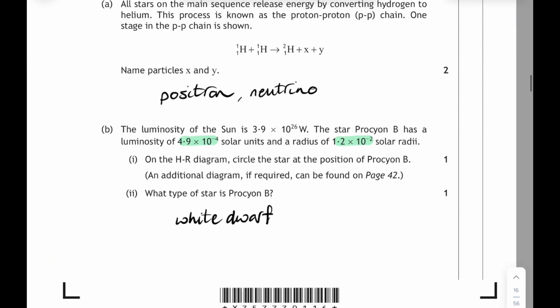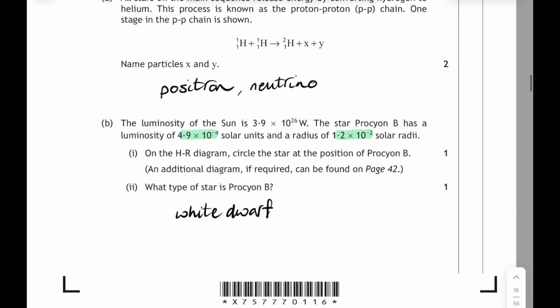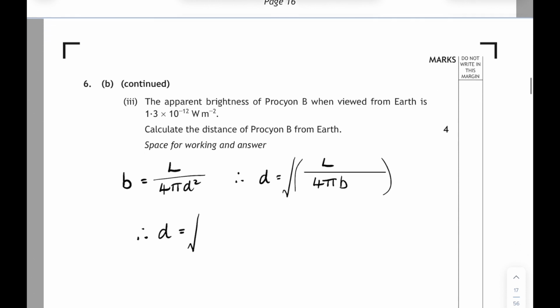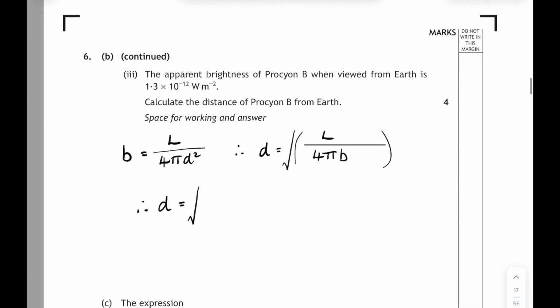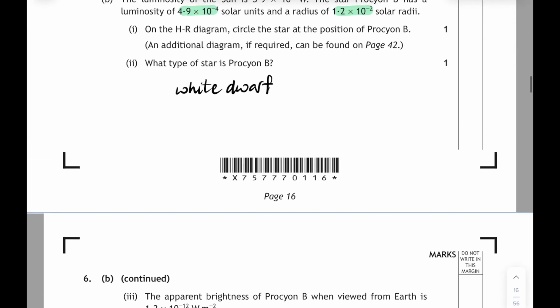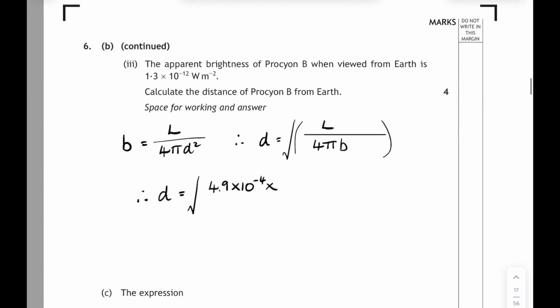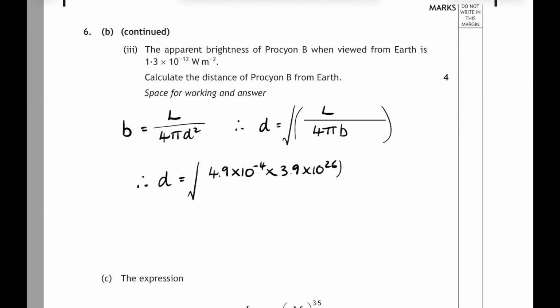So d is equal to the square root of the luminosity. Now the luminosity was 4.9 times 10 to the minus 4 solar units. So we are going to have to multiply 4.9 times 10 to the minus 4 times a solar unit. Well, that's times the luminosity of the sun, and that is 3.9 times 10 to the 26.